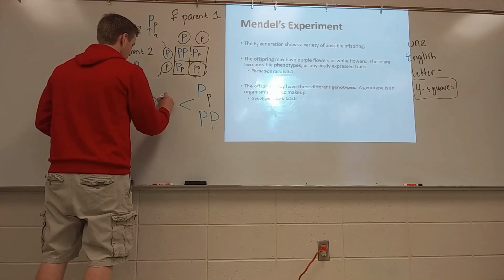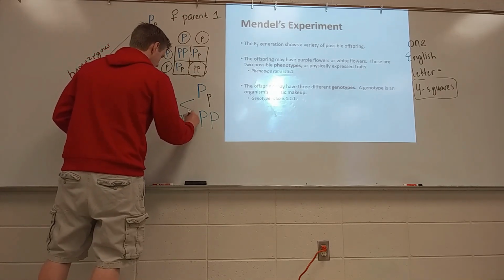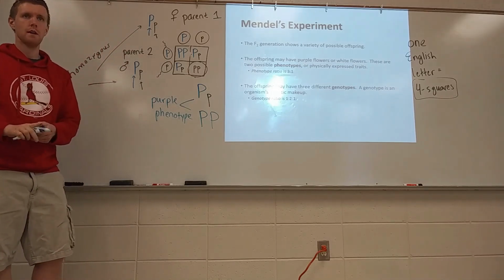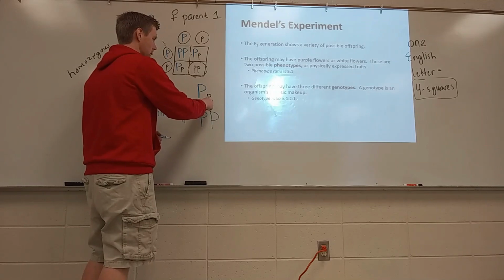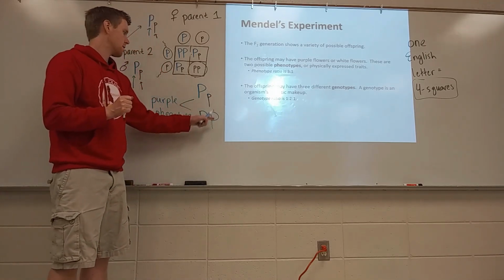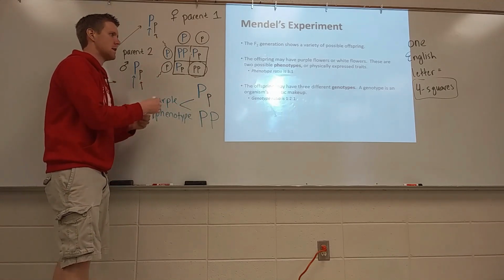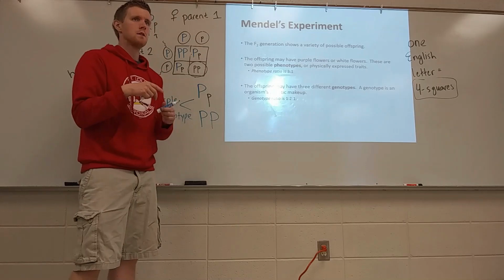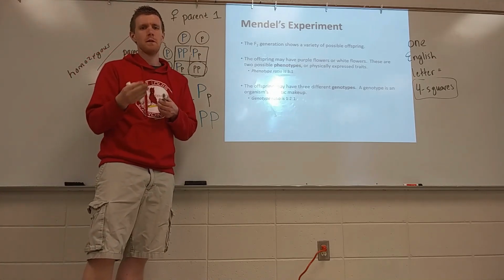They're both purple. However, genetically, they're different. This one's heterozygous, big P, little p. This one's homozygous dominant. Different genotypes, same phenotype. So keep in mind the difference between those. Genotype's the actual genetic makeup. Phenotype is what it physically looks like.